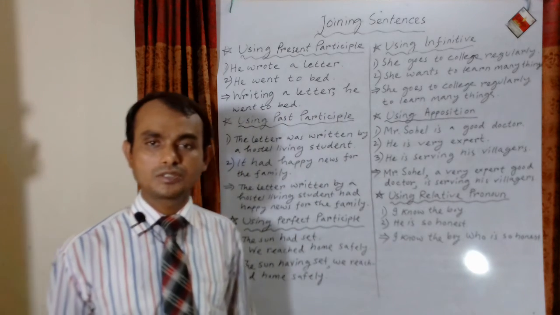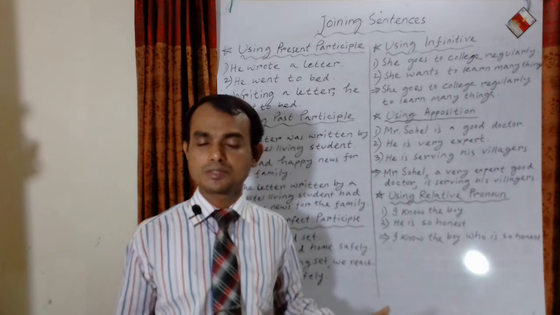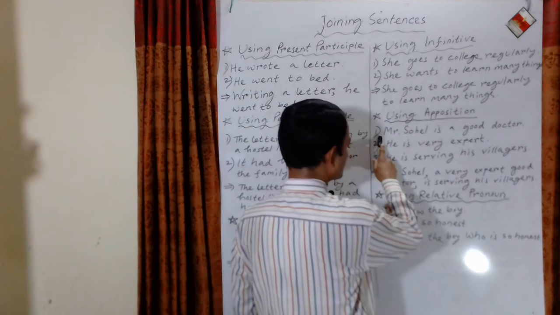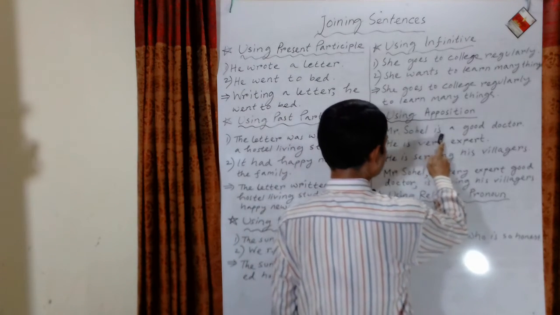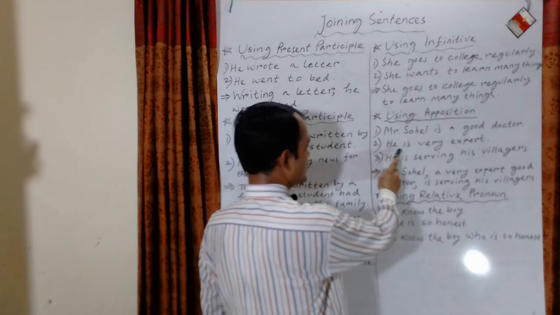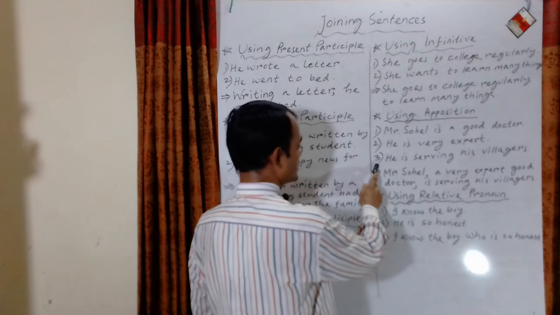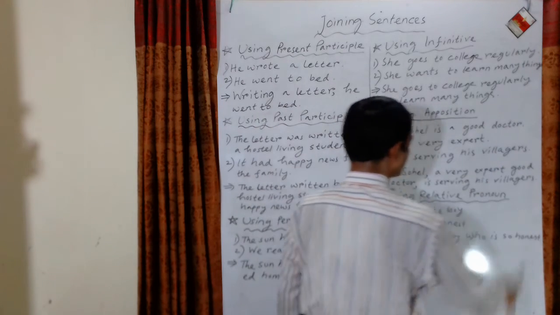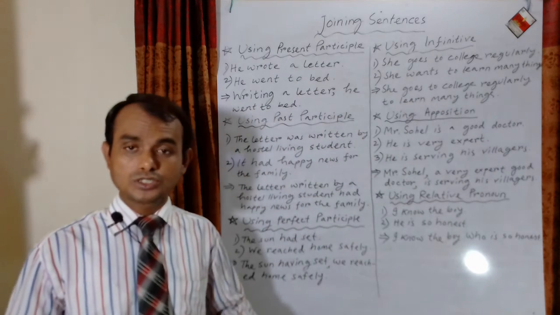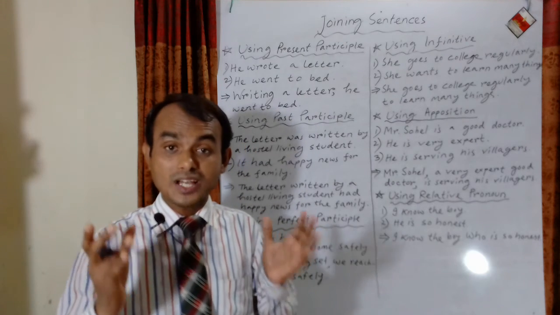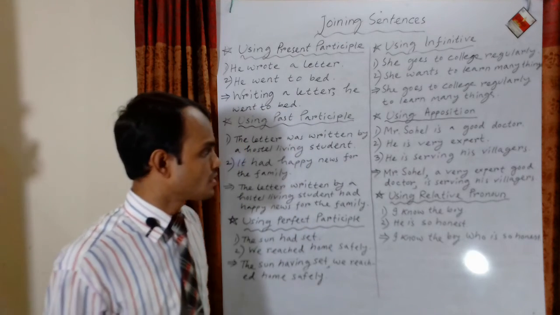Next method, using apposition. Using apposition, you can also join two or more simple sentences. Okay. Number one simple sentence: Mr. Sohail is a good doctor. Number two simple sentence: he is very expert. Number three simple sentence: he is serving his villagers. Now I am going to join these three simple sentences to make one sentence.